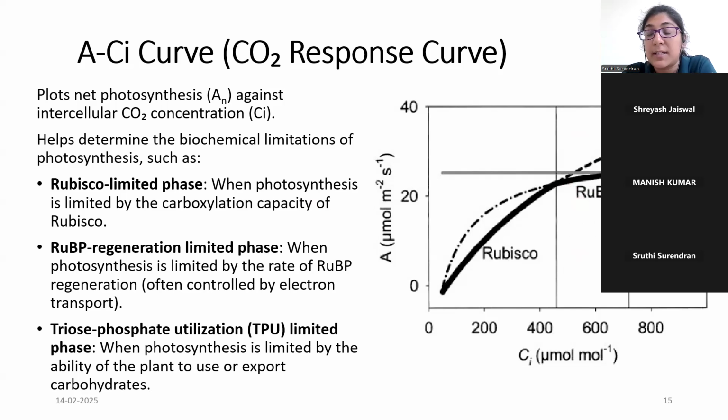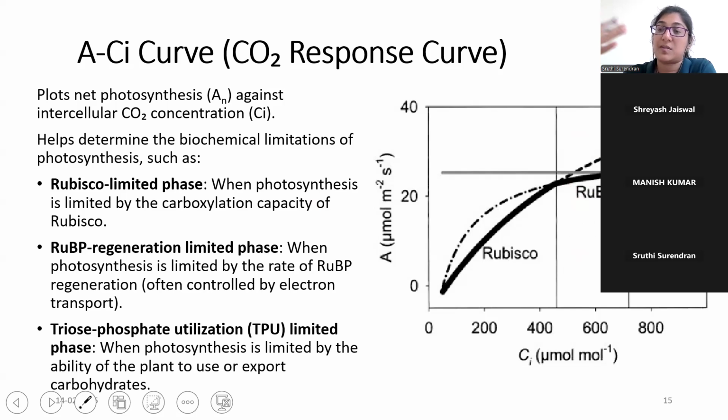Now, the TPU phase is the triose phosphate utilization limited phase. So this part of the curve shows us how fast or how slow the TPU is being utilized and how it is going to impact the net carbon dioxide uptake.